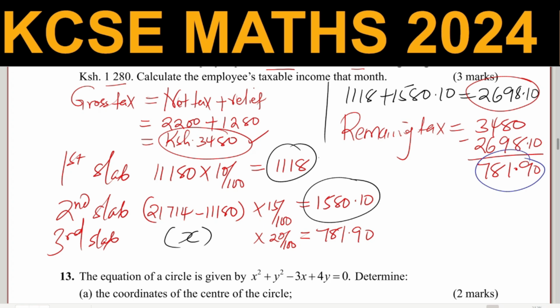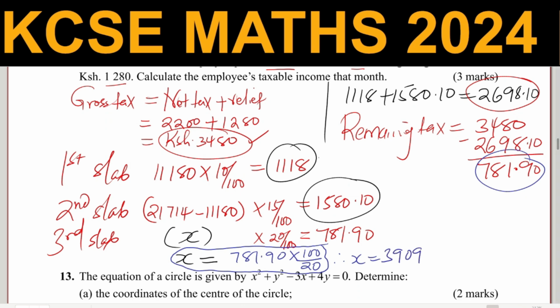So working this out, X will be given by 781 and 90 cents multiplied by 100 divided by 20. So this is what will give the amount that was taxed in the third slab, and when you work out 781 and 90 cents times 100 divided by 20, that will give 3909 and 50 cents.